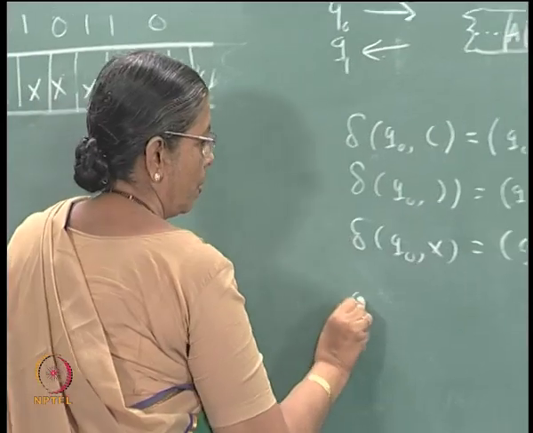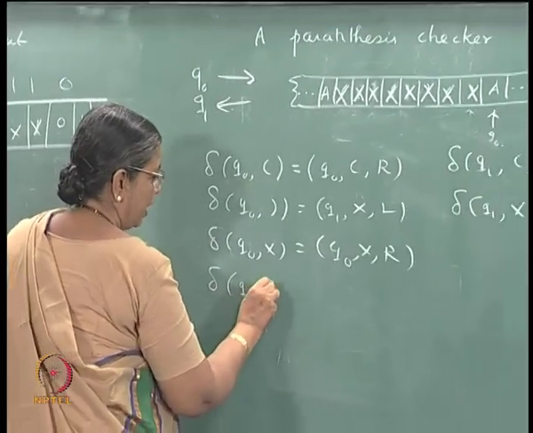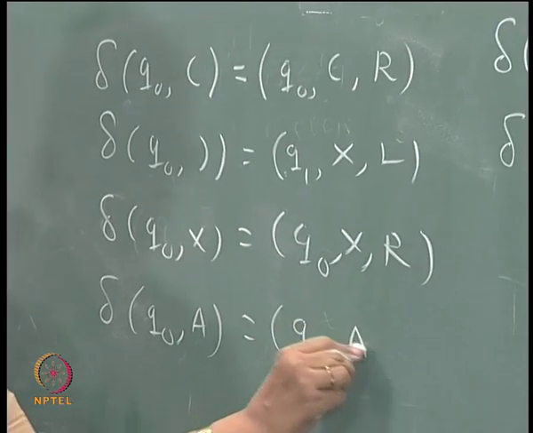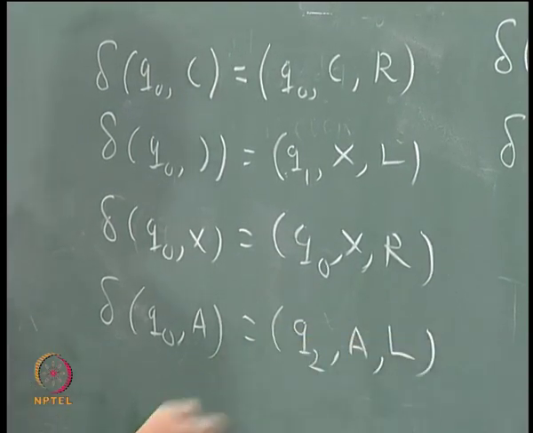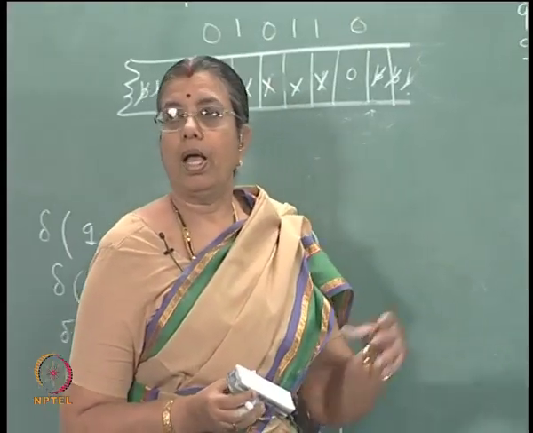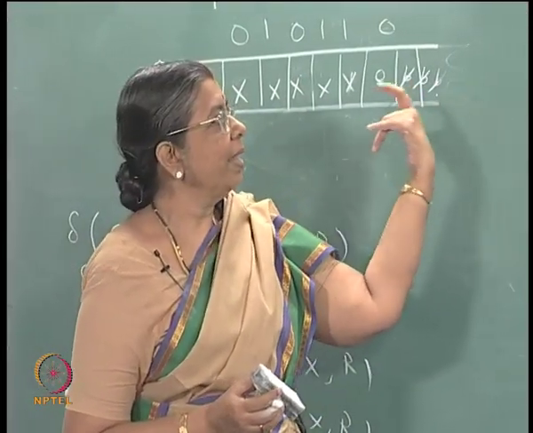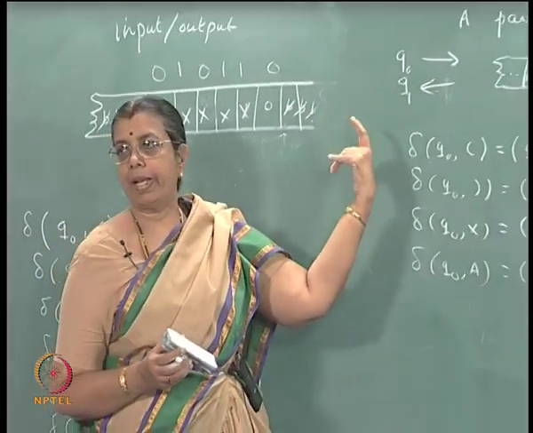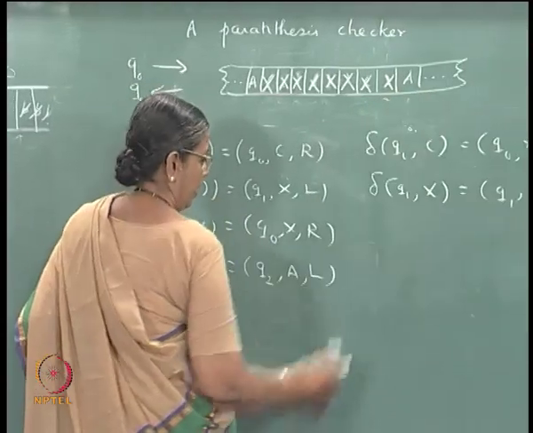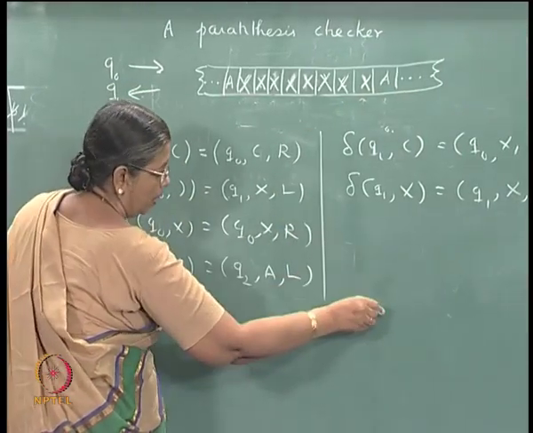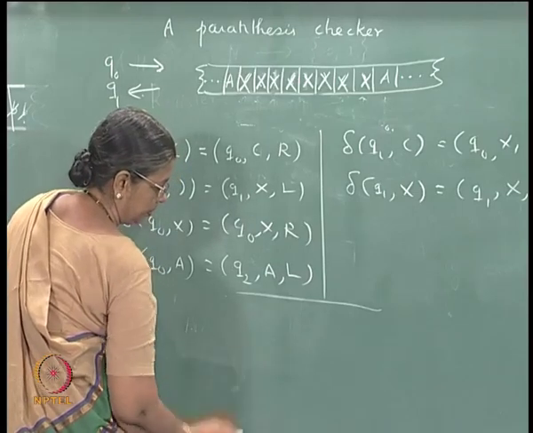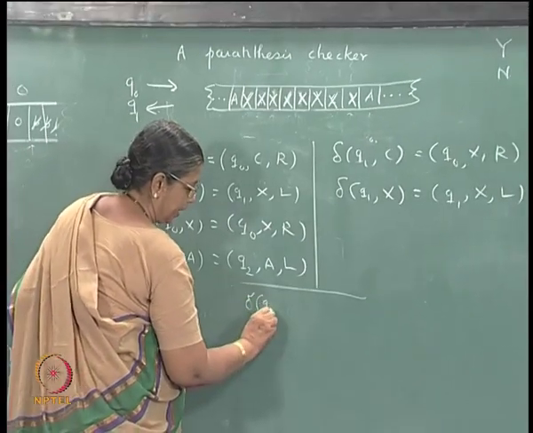So, in q naught if it sees a blank, it goes to another state q2. It does not do anything with the blank, but it starts moving left. Now it should come back here and find out that no more left parentheses are there. So, in q2, over the x's it has to move left.